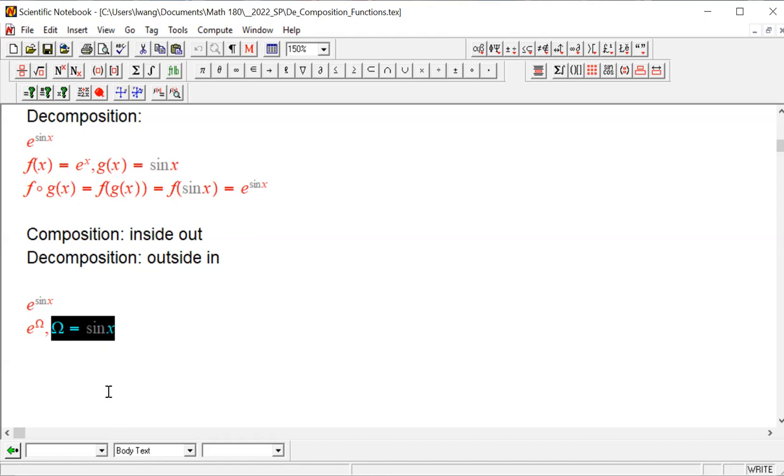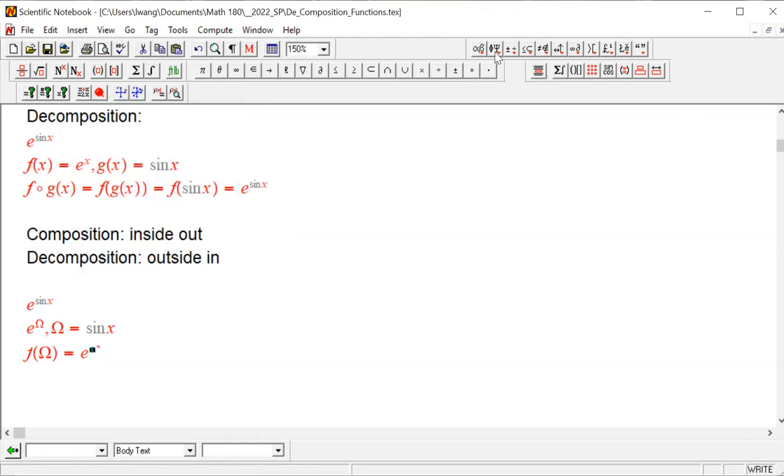So this way, from outside in, I get the decomposed form of the two functions. And sometimes it could be 3, 4, 5 of these functions, and they're all very similar. So first we're going to do 2 layers. Once you have set these up, you can safely say the outside function is going to be e to the power x. If you want to call it bologna, you can do that.